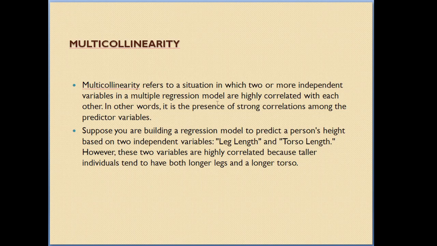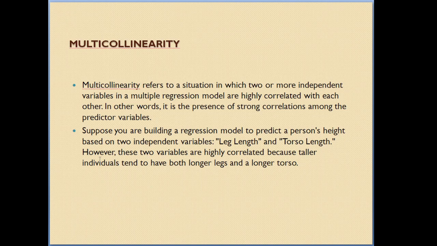Okay, so here you can see, suppose you are building a regression model to predict a person's height. We had leg length as an independent variable and torso length. However, it could be possible that a taller individual can have both longer legs and a longer torso.